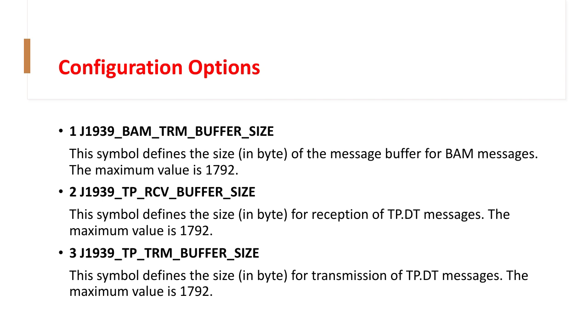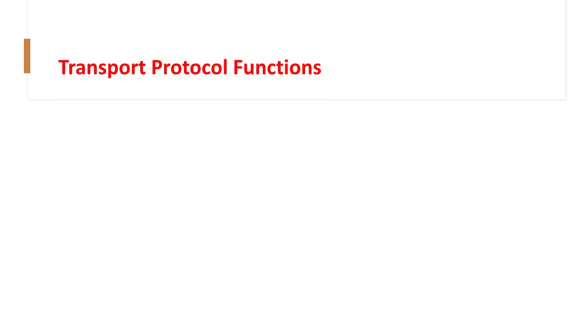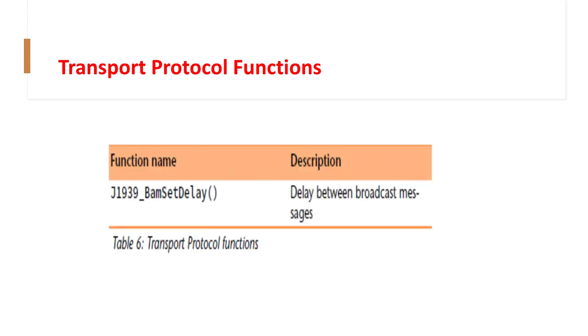The transport protocol functions of the J1939 protocol stack have the prefix J1939_BAM, RESP, and J1939_TP. The major function heavily used is only a single function, that is J1939_BAM_SetDelay. The delay between broadcast messages is carried out by this.